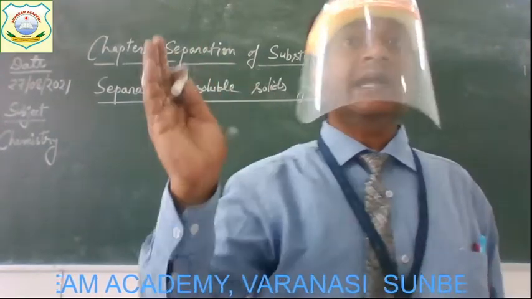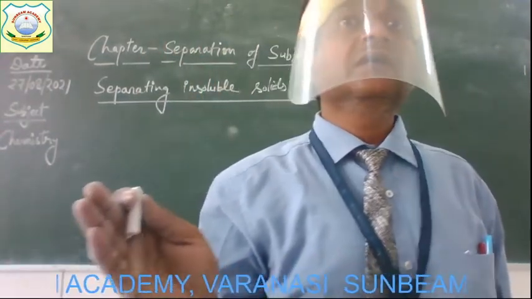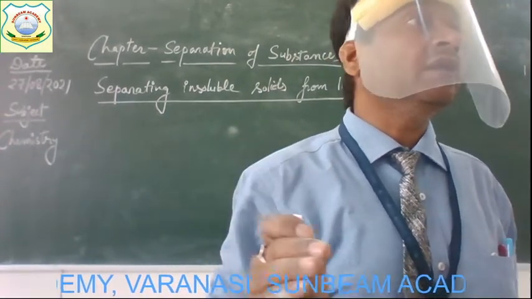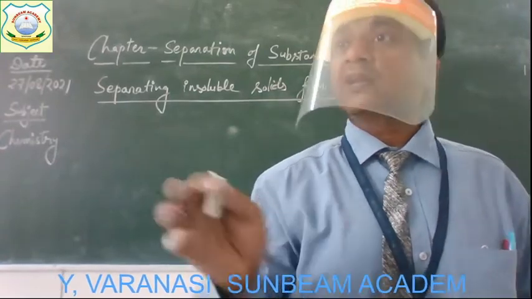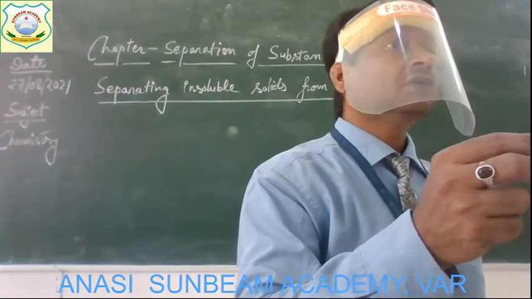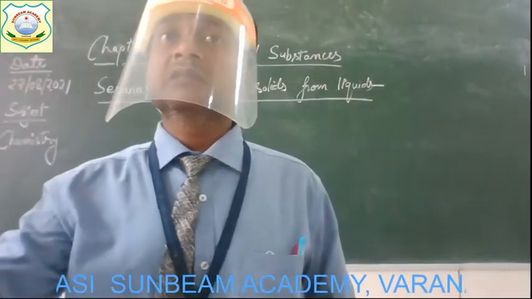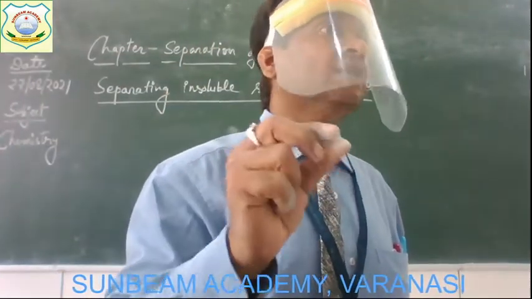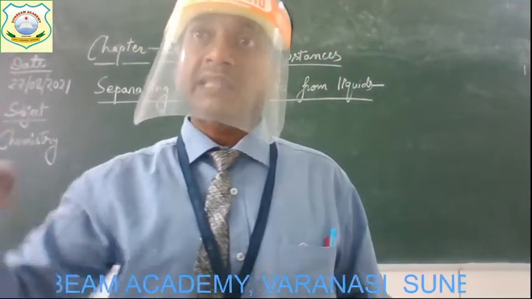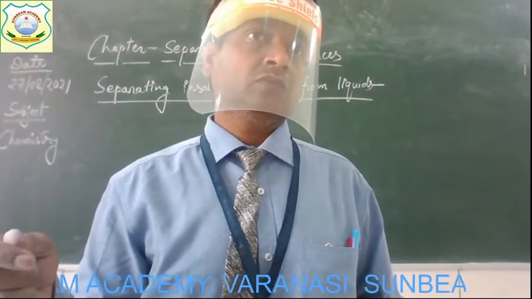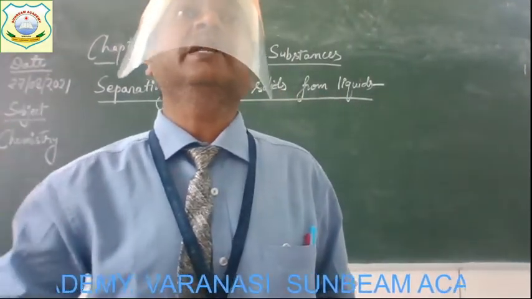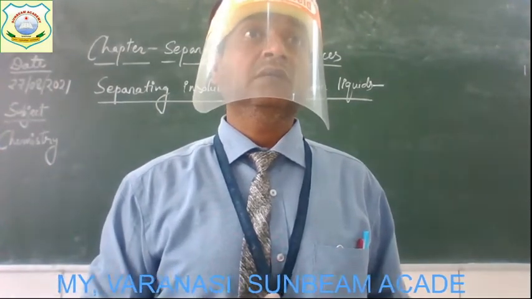Insoluble solids are the solid substances that do not dissolve, that is, they are not soluble in liquid. For example, if you put small stones in a glass of water, then what will happen? Will those stones dissolve there? No. So we can say that those stones are not soluble in that water.